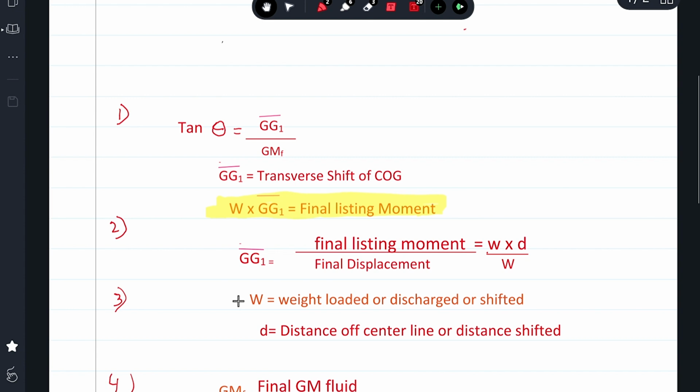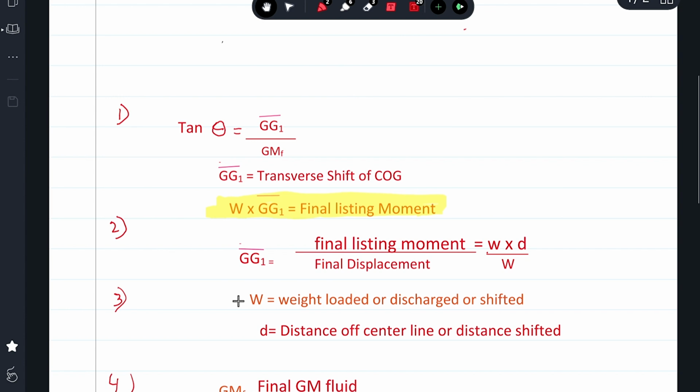The new center of gravity is G1. So from there the final displacement W is acting. So it will be final displacement into GG1. This is the listing moment. So in order to find how much the center of gravity has shifted, the transverse shift GG1 will be final listing moment upon final displacement.